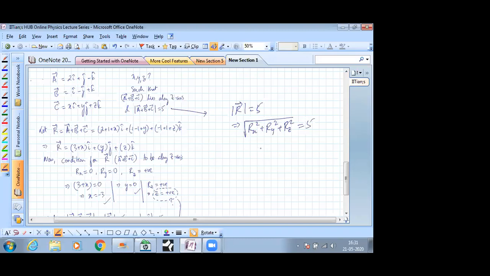But in this, Rx is already 0 and Ry is 0, because the resultant vector is along the z axis. So we have to make use of that first condition also. This is telling us that Rx is 0 and Ry is 0, so you incorporate that in the solution.